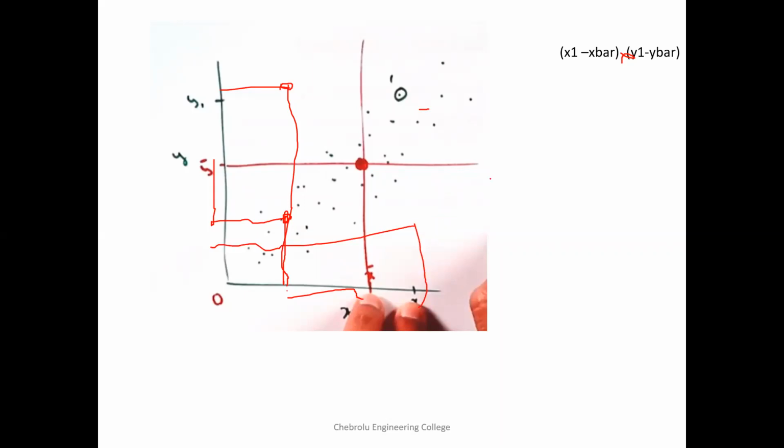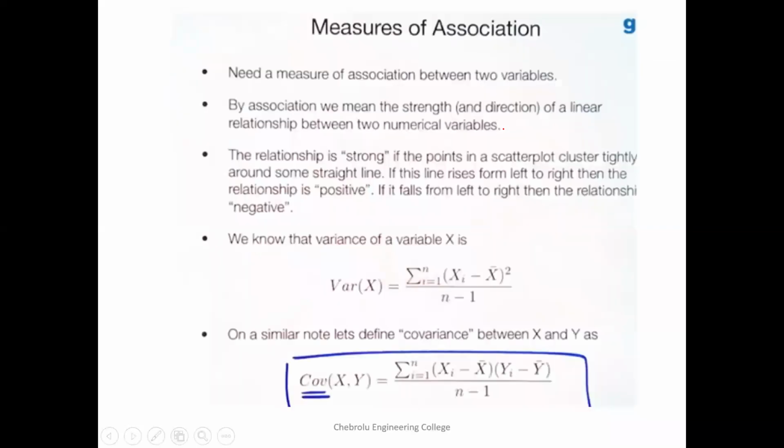Right? Now, how do you calculate? The variance of x is calculated by taking xi minus x bar for each and every point, summing, and taking the average. Variance of x is equal to the sum from i equals 1 to n of (xi minus x bar) whole square, divided by n minus 1.